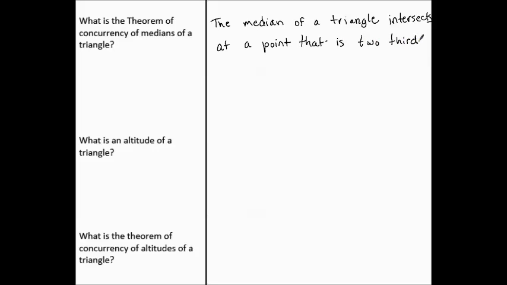This states that the median of a triangle intersects a point that is 2/3 the distance from each vertex to the midpoint of the opposite side.